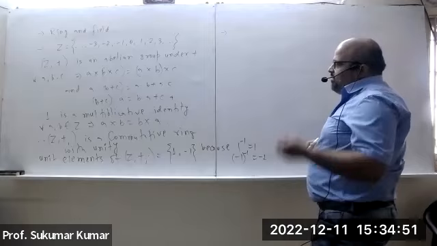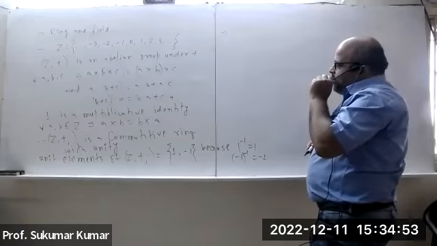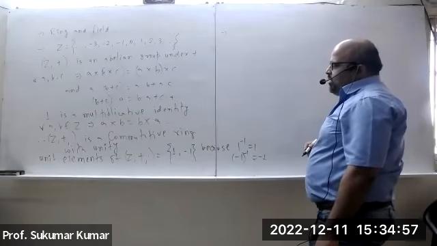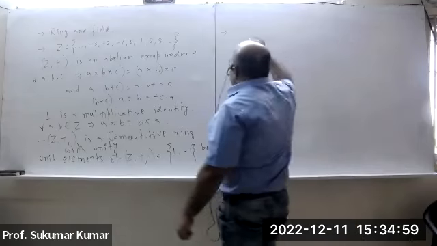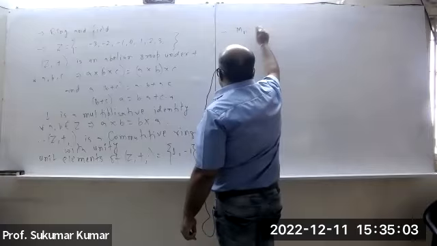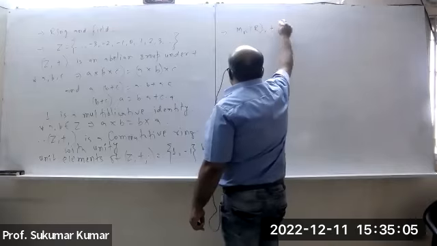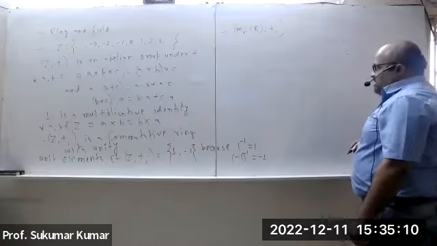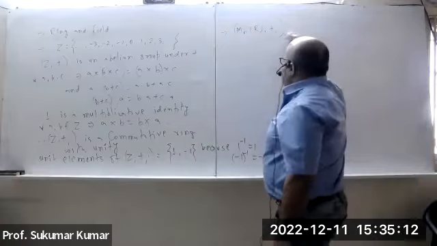Next we can find a non-commutative ring with the help of matrices, n cross n matrices over a field or any ring, such as Z, real numbers, complex numbers, rational numbers. Take M_n(R), where R is a ring.